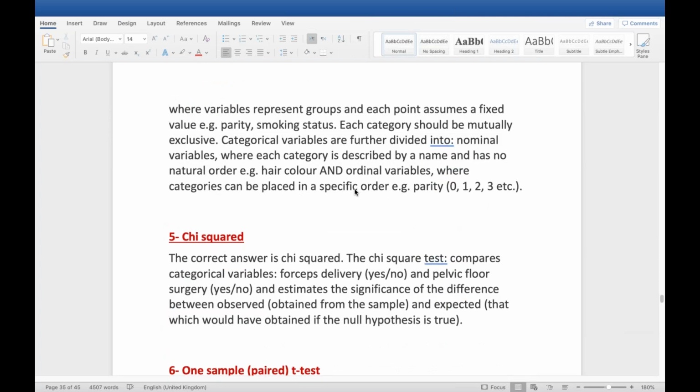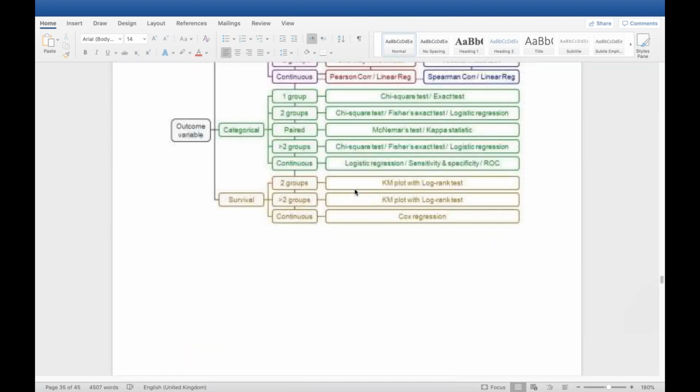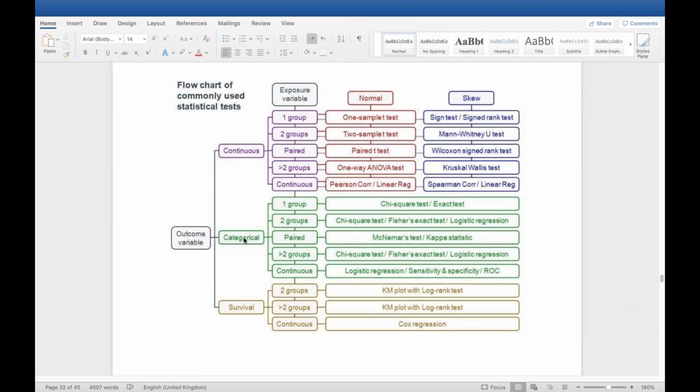A category to category is chi-squared. Let's go and see it. Category to other groups, it will be yes or no. There are two groups, having surgery or not. So it will be chi-squared. So forceps delivery or not, having surgery or not, two things and two groups, it will be chi-squared test.